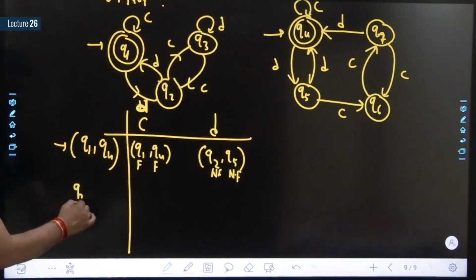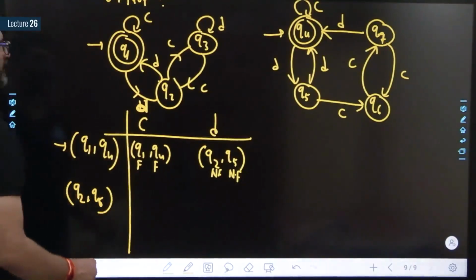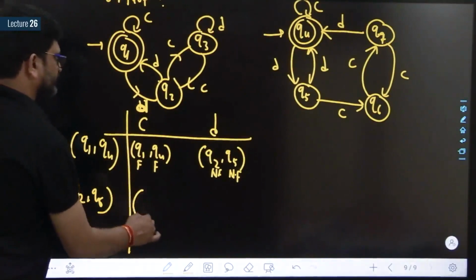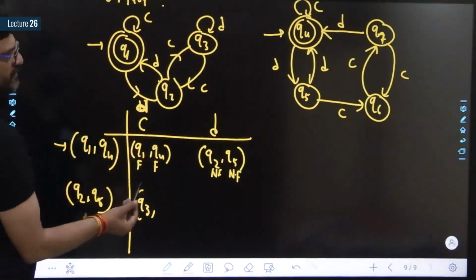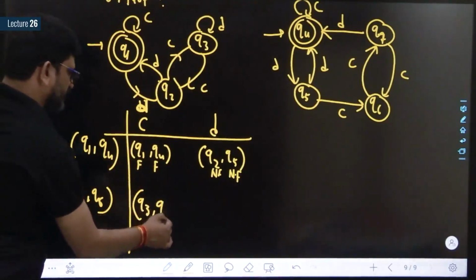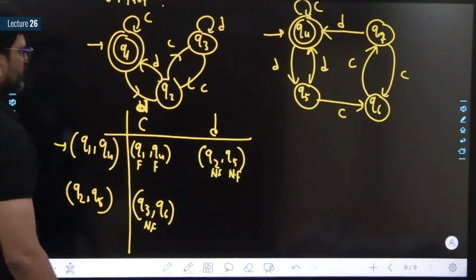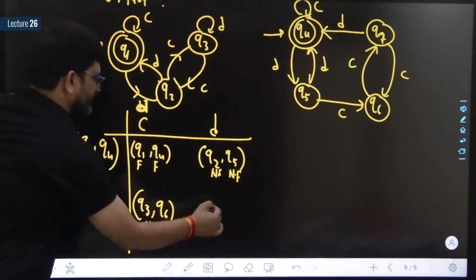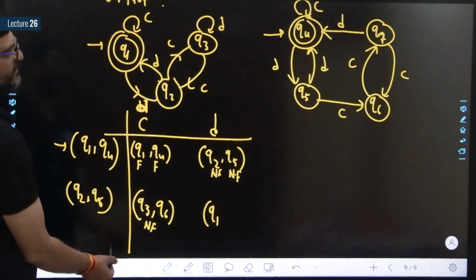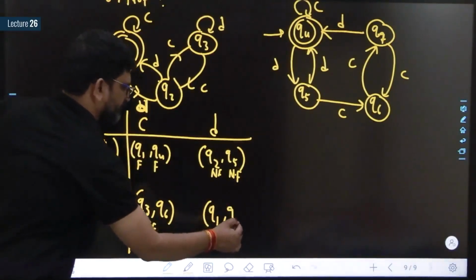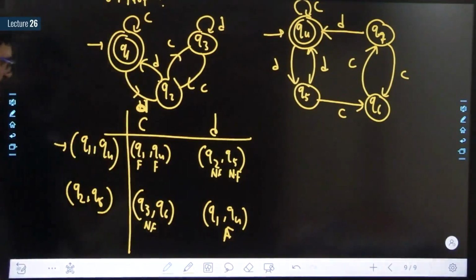Q2, Q5. Q2 on C, Q3; Q5 on C, Q6, both are non-final. Q2 on D, Q1; Q5 on D, Q4. Both are final.